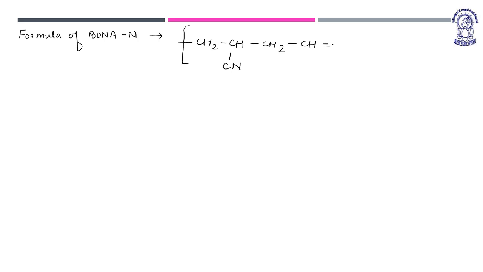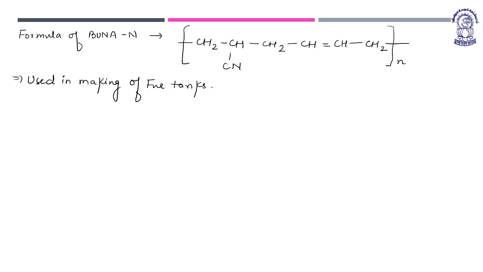Okay, the polymer obtained is as shown. It is used for making of fuel tanks, Buna-N.